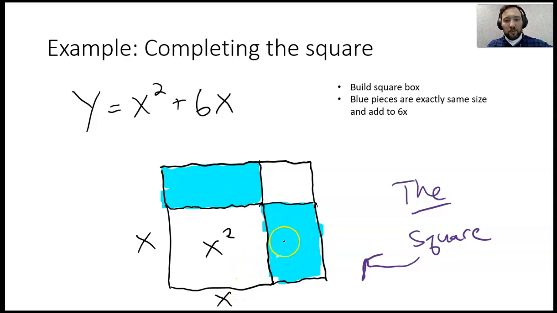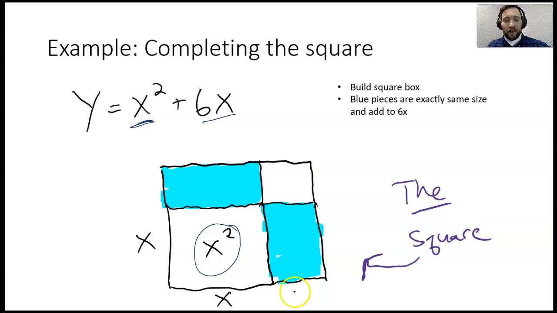Notice that there are these two blue pieces, and I want them to capture the 6x part. The x squared part is already captured here by an x by x box that has area x squared, and I'd like to get these other two pieces to add together to be 6x.